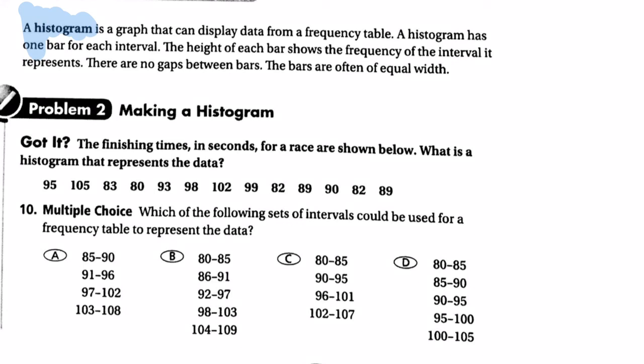So it's taking our data one step further and representing it visually. It's one bar for each interval, so again, it's a bar graph. The height of each bar shows the frequency of the interval it represents. There are no gaps, and they're usually equal width.